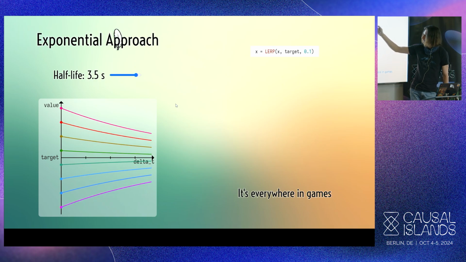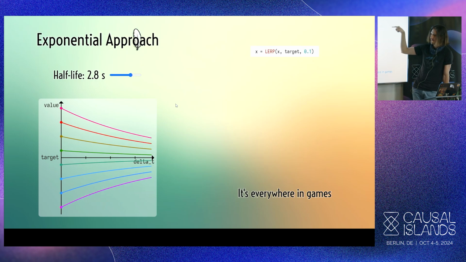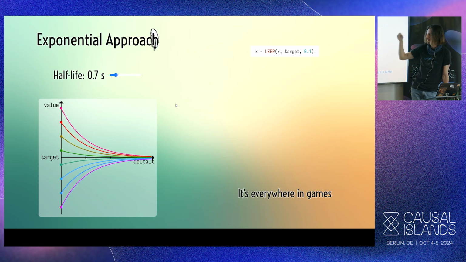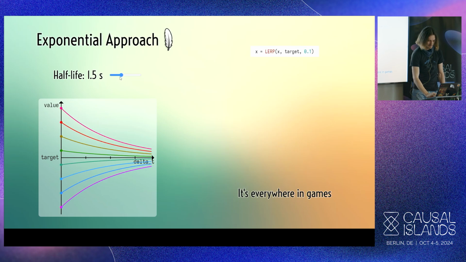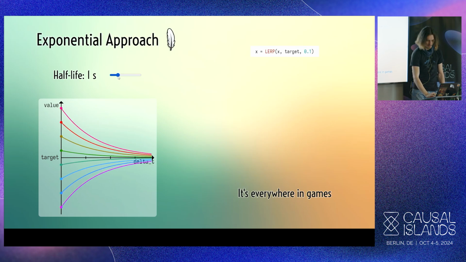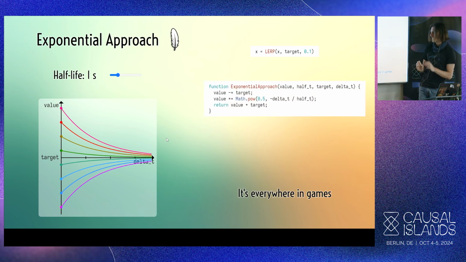This is a discrete variant. We have to apply this after every animation tick, animation frame. We can convert it to a continuous version using the exponent function. And this allows us to also control the shape, how quickly we approach the target, in a slightly easier to parameterize way.